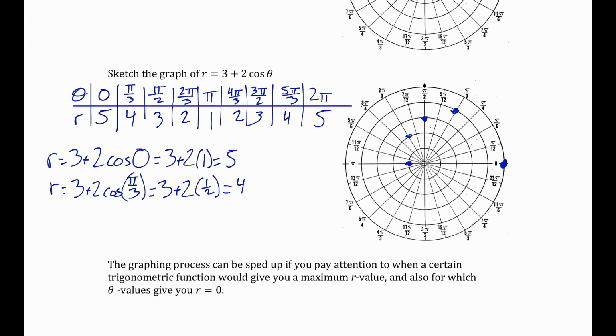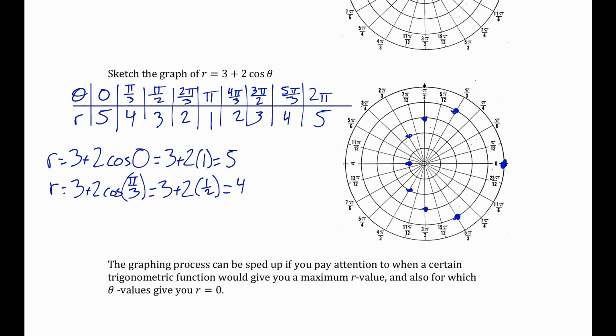At 4 pi over 3, that's facing down here, that's 2 away. Facing 3 pi over 2, going this direction, we're going to go positive 3 in that direction. Next up, facing 5 pi over 3, facing this direction, we're going to go 4 in that direction.